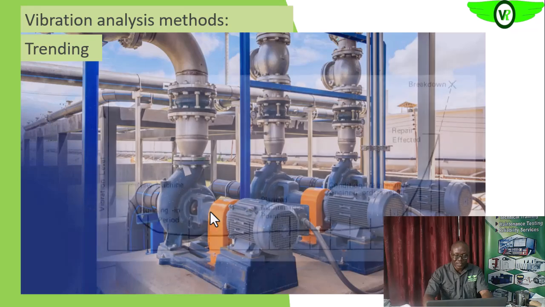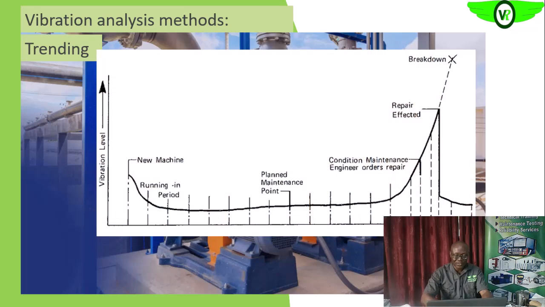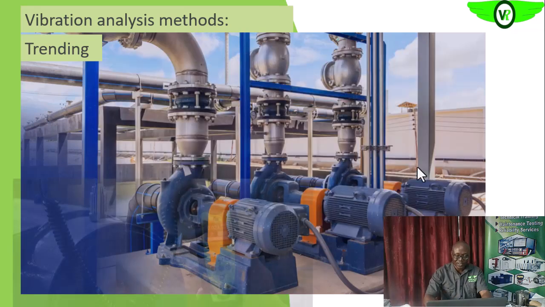Like we said, the first is trending. Each time you go to the field, you collect information and you plot. As you plot, you'll see the trend changing each time you go. It is the vibration against time that forms your trend plot. You can do this with your handheld vibration meters.